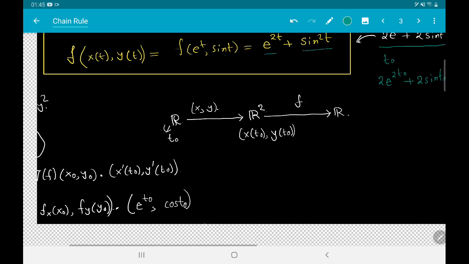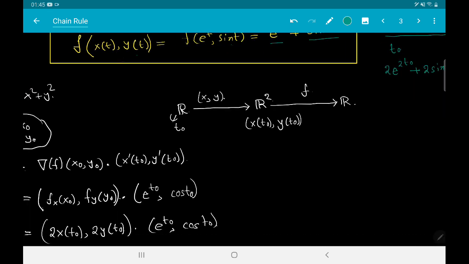So we have this map from R to R² given by (x, y), namely I pick a point t0. This maps us to (x(t0), y(t0)) in R², and this is an interior point, we know, because this domain is R² and any point inside it is an interior point.